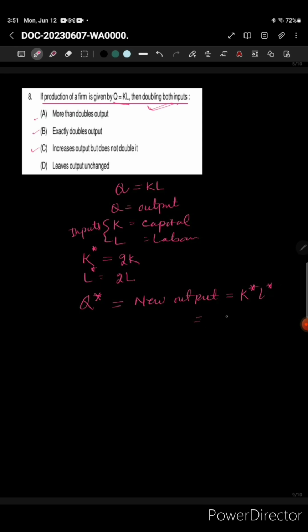For K star we write 2K, for L star we write 2L. So that means 4KL. KL is given as Q, that means 4Q. That means we found Q star equals 4Q.